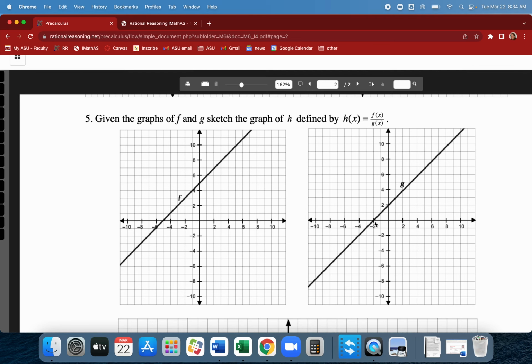So I have +1 over -2, for instance, -0.5. Or if I get closer yet, like h of -3, I'd have 2 over -1, which is -2.